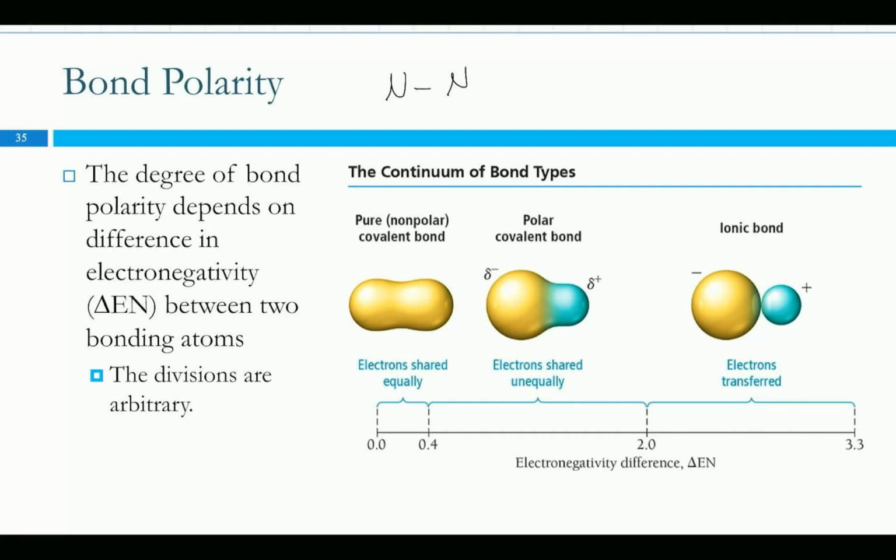If we take something that's unequally shared, hydrogen and fluorine, for example, we haven't looked at a table yet, but we have values for those. Fluorine's the most electronegative. Hydrogen would be pretty low electronegativity, so it'll fall somewhere in here where the electrons are mostly around fluorine. And then on the extreme end of that, maybe if we had sodium fluoride, we'd have a large enough electronegativity difference that we could actually just say those electrons are transferred.